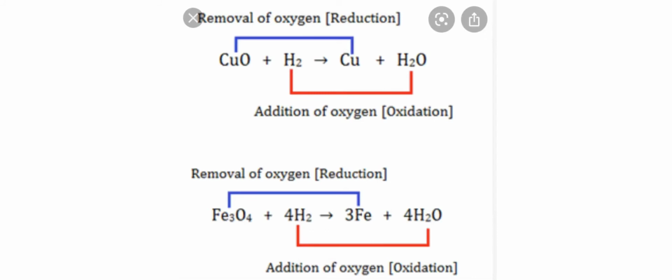But at the same time, in the same reaction, you can see that H2, that is hydrogen, is gaining oxygen and getting converted into water. So since it is gaining oxygen, this reaction is oxidation reaction. So in this reaction also oxidation as well as reduction is taking place. So this reaction is another example of redox reaction.